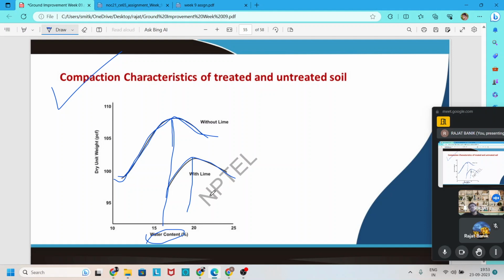And also, we see that the optimum moisture content without lime is lower than the optimum moisture content with lime. So in this way we can see that after applying the lime, the density is reduced and the optimum moisture content is increased.